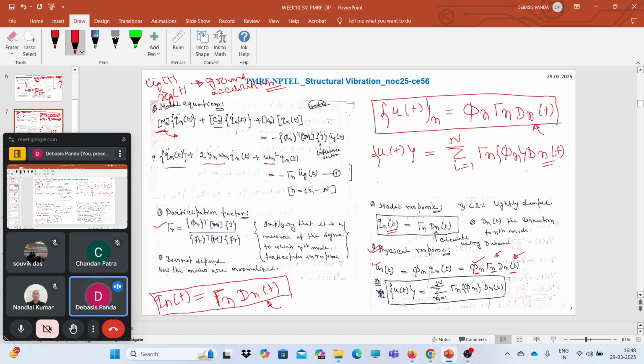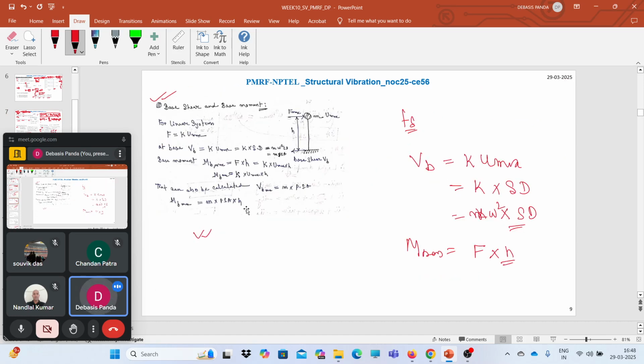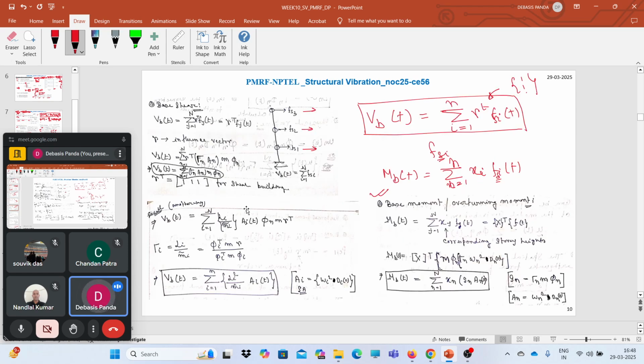First we saw the concept of the participation factor. Then using this participation factor, we calculated the modal responses to physical responses. Then we saw how to calculate the equivalent static forces and also the base shear and base moment. Here, not base, it will be the storey shear and storey moments at each storey.